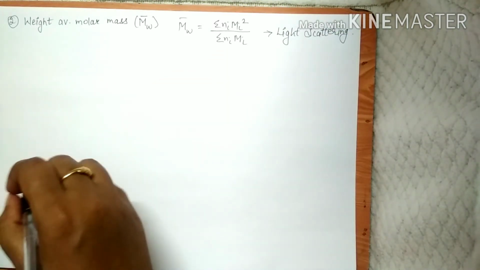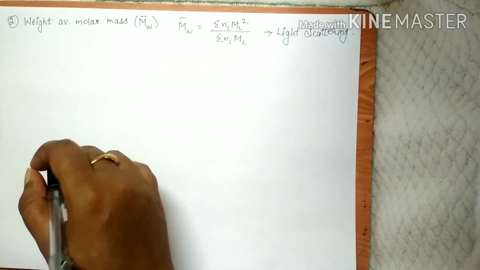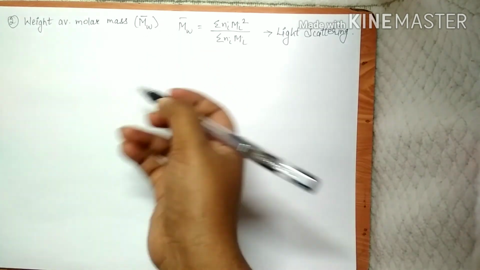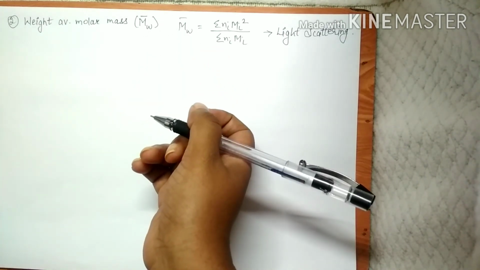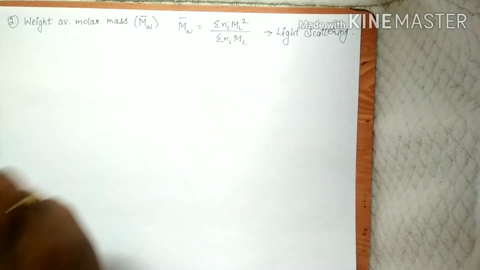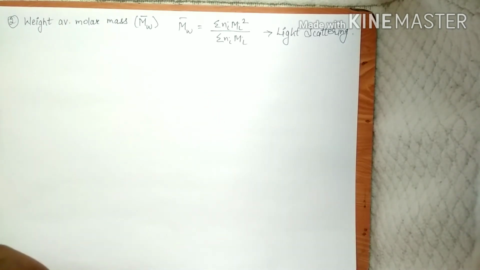See, questions are being directly asked that which experimental method is used to find the value of Mw, Mn, Mz or Mv, and also sometimes the formula is directly asked. Because it is a very short topic, so it is easier for you to memorize these things.